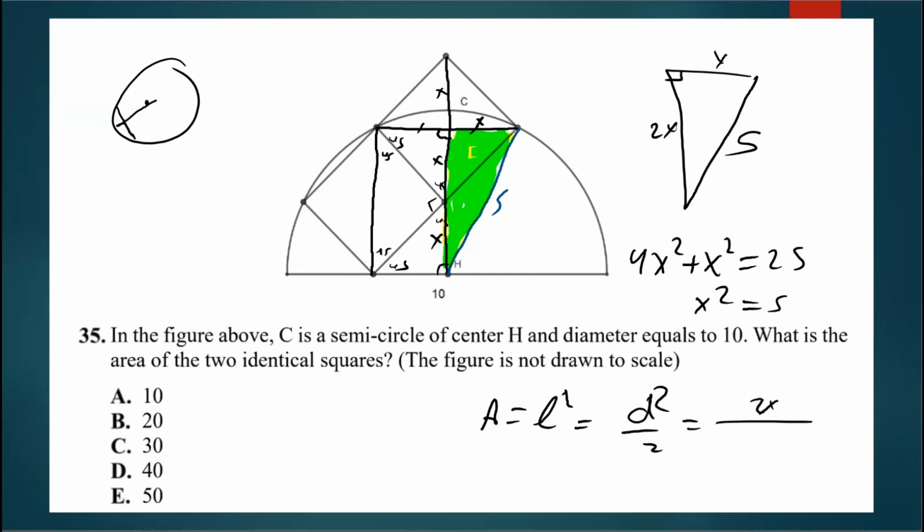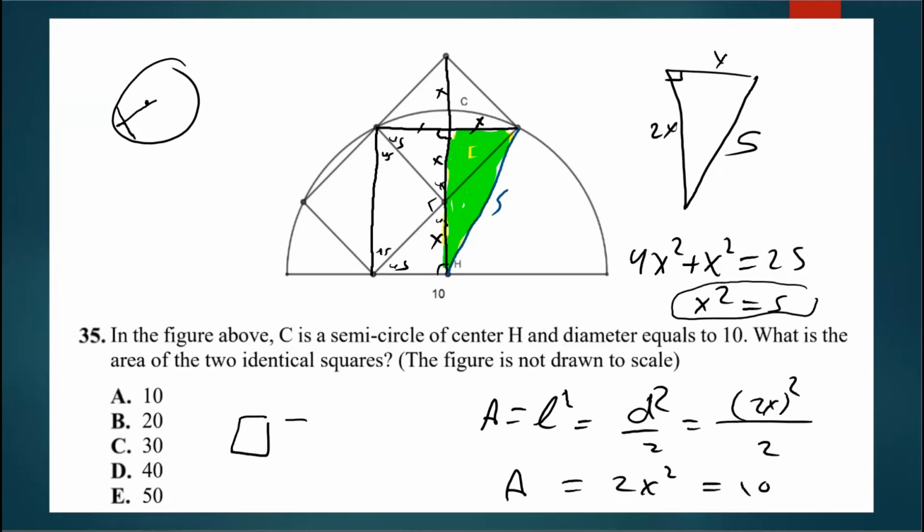So it will be 2x all squared over 2, or simply 2x squared, because 4x squared over 2. This is the area of one square, 2x squared, and x squared is already 5. So this is 10. So the area of the two squares will be 10 and 10, so the area is 20.